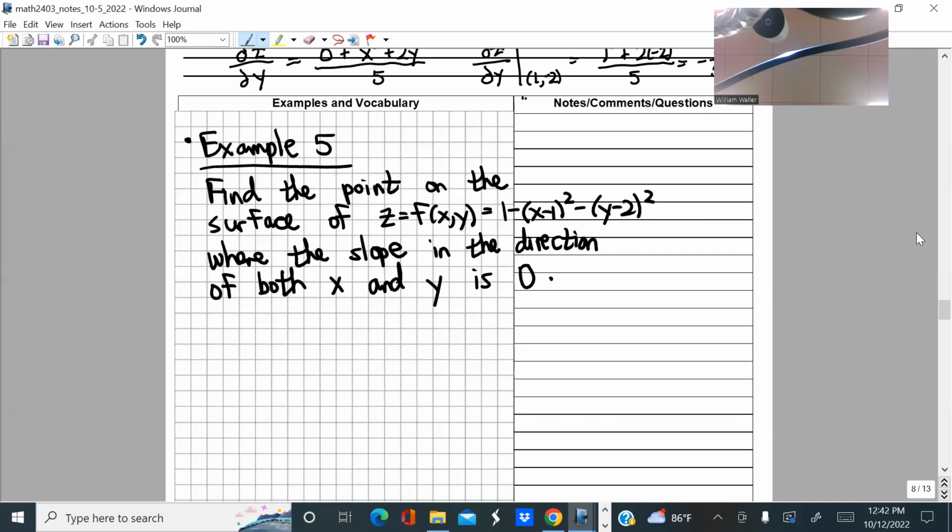So something similar to that must be going on in this surface, maybe. So we're looking at where the slope in both directions, parallel to both the x-axis and the y-axis, is 0. So how would we answer this?